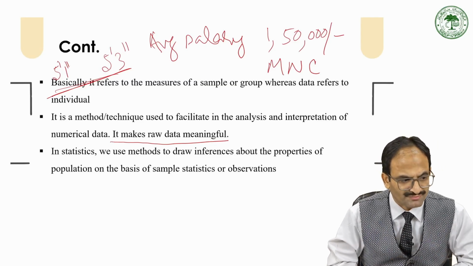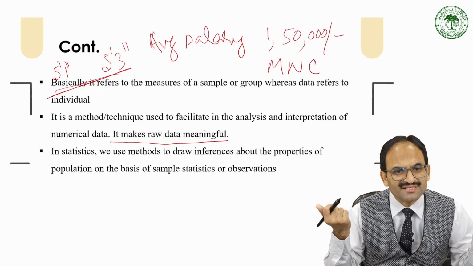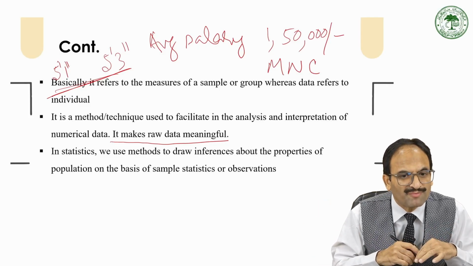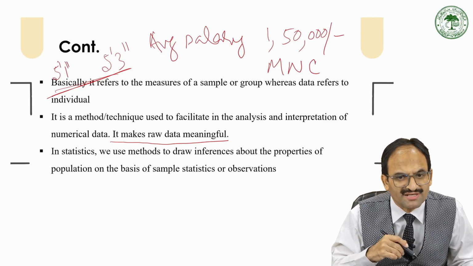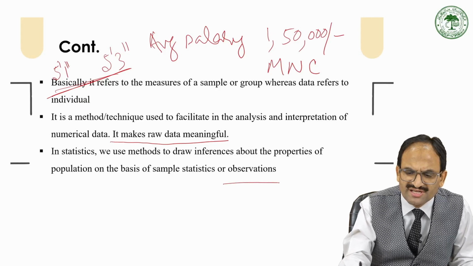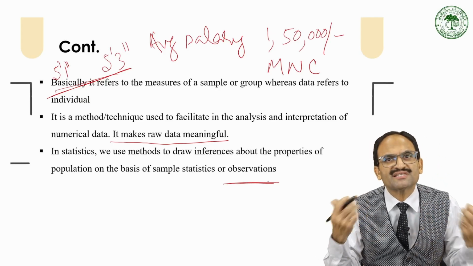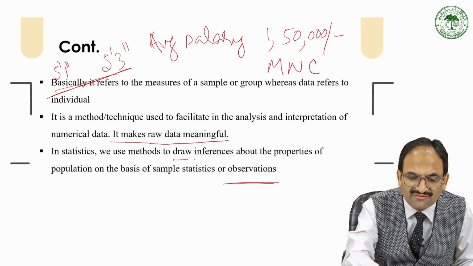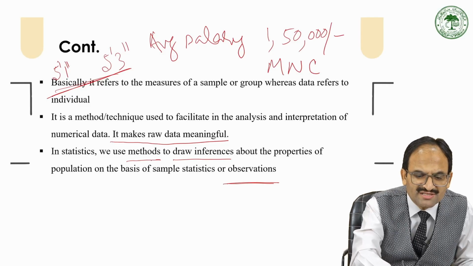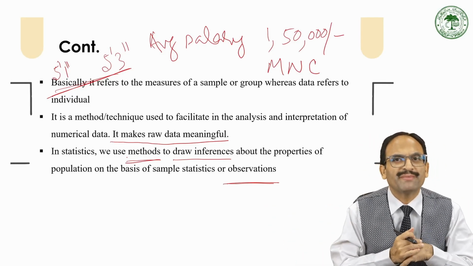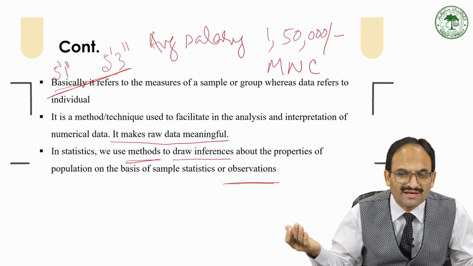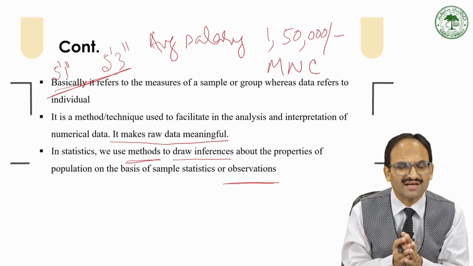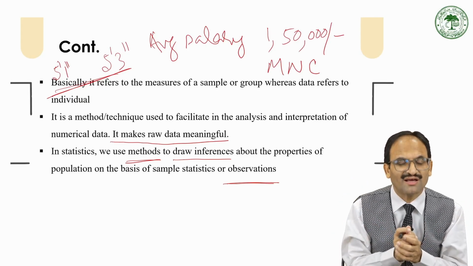Coming to the next point, in statistics we use methods to draw inferences about the properties of a population on the basis of sample statistics or observations. First we take observations, and on the basis of those observations we use some methods to draw inferences. What are those methods? Sometimes we calculate the mean, sometimes the median, and there are other statistics like standard deviation and quartile deviation.